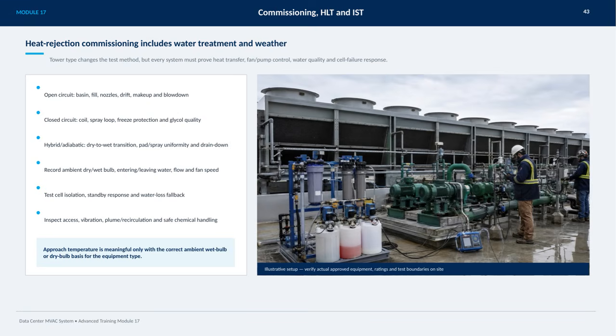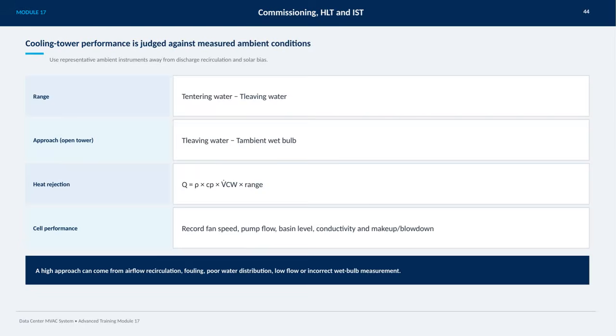One key point is that the approach temperature is only meaningful when referenced against the correct ambient wet bulb or dry bulb temperature for the specific equipment type. Finally, setting up the test correctly means verifying the actual approved equipment, their ratings, and the boundaries of the test on site.